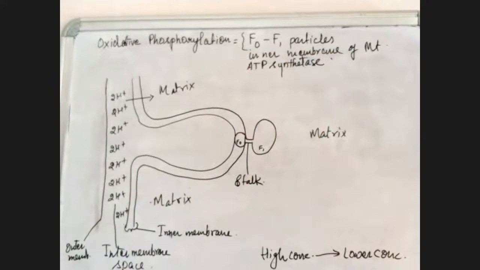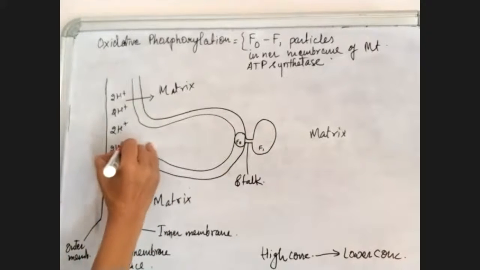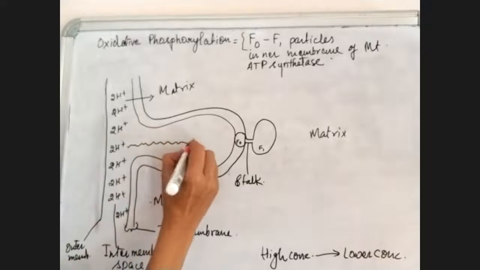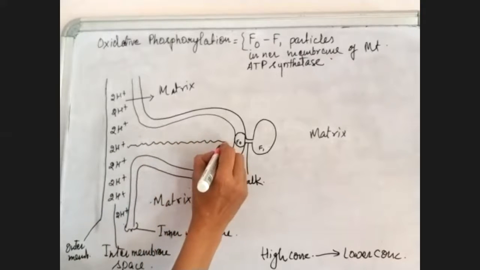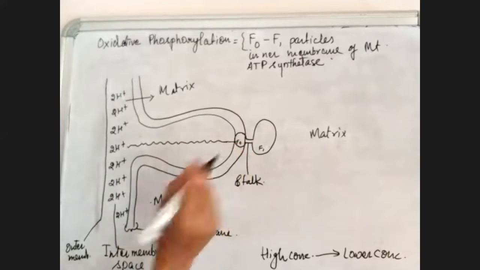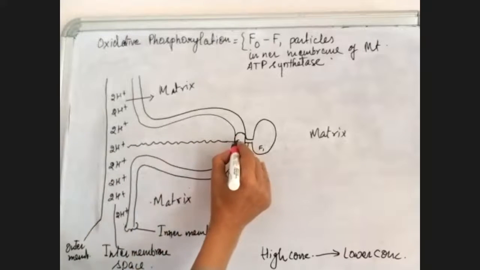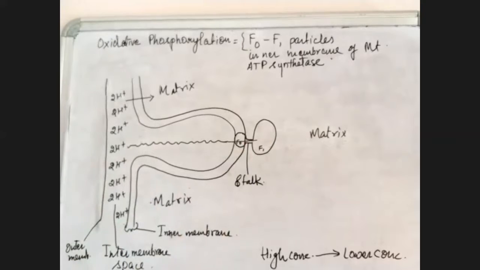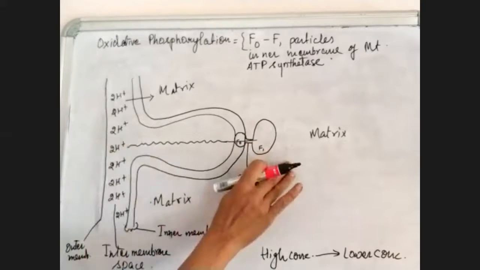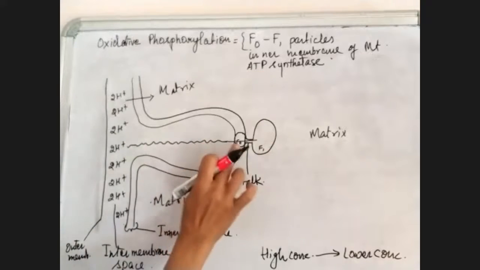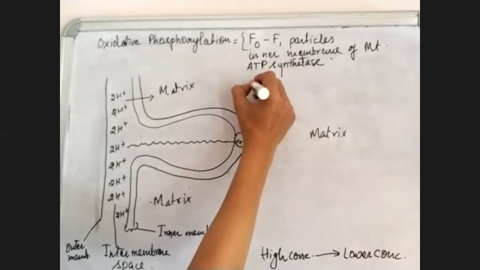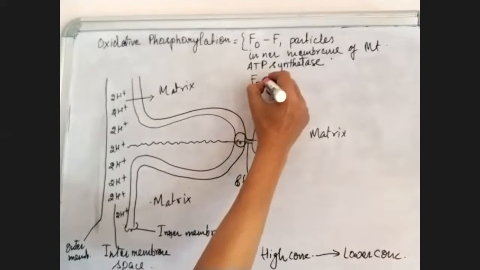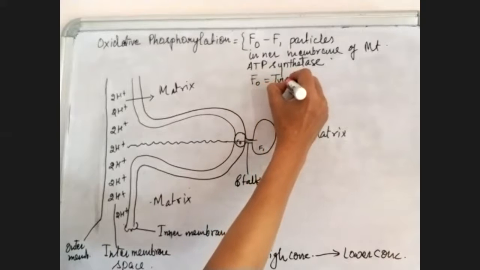So what happens? Because of the breakdown, as they start diffusing towards the matrix, the energy is released. That means they move with very high energy. When they come here, the proton gradient is broken, and the energy is released, because now they have entered the matrix through these F0 particles. The F0 particle is also known as transmembrane channel.